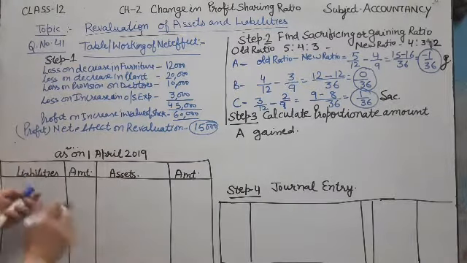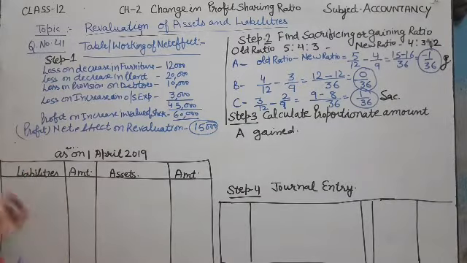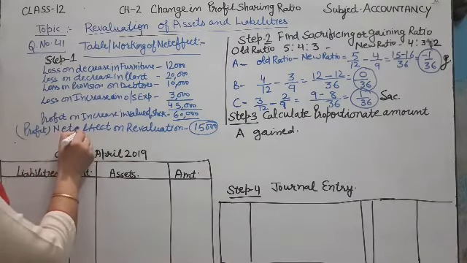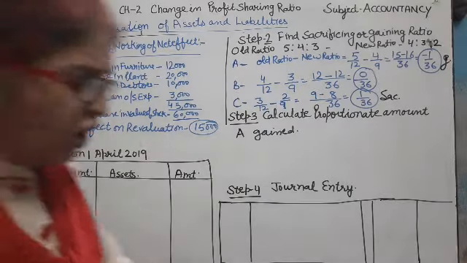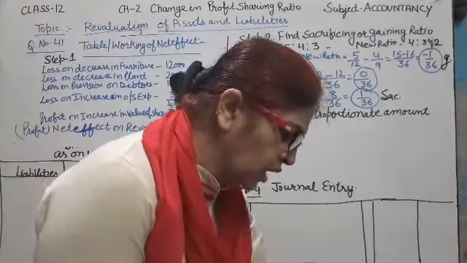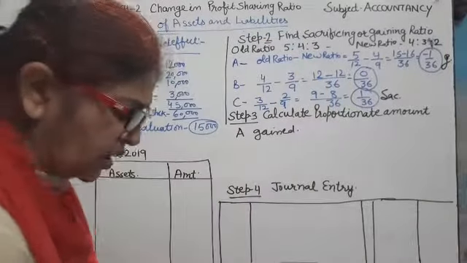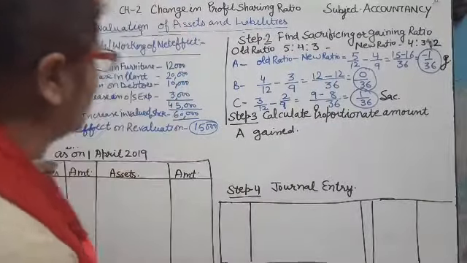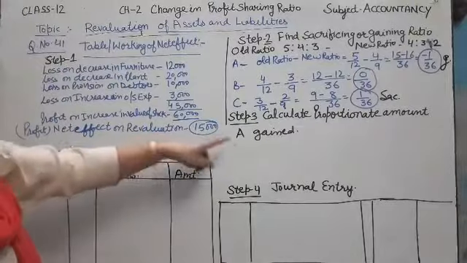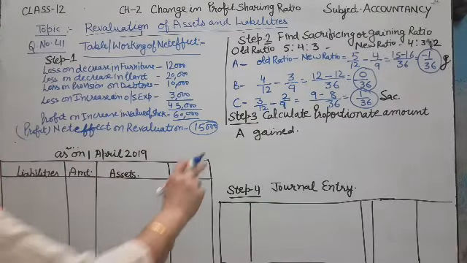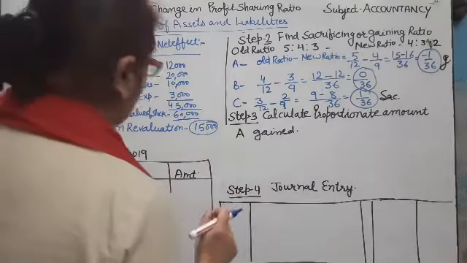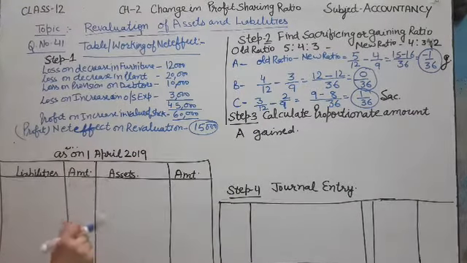The profit is 15,000, but in this question it is given that partners do not want to distribute the general reserve. By this method, general reserve amount is also distributed among the partners by the gaining and sacrificing. So same effect will happen.